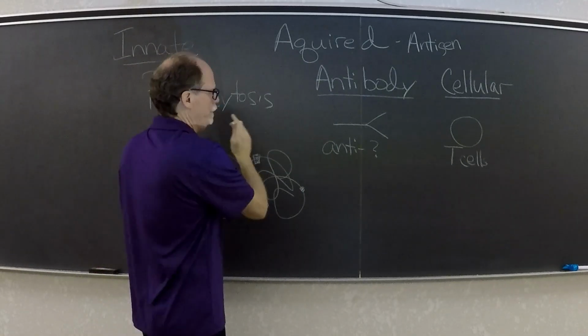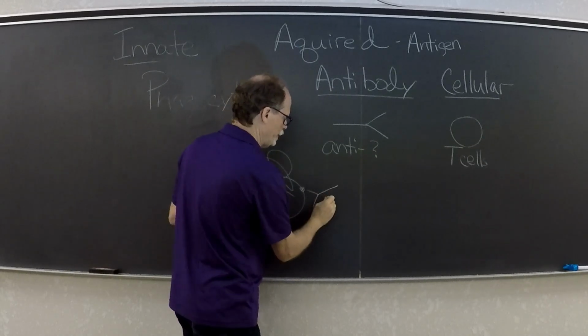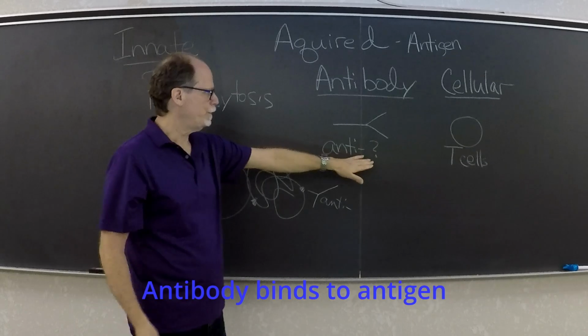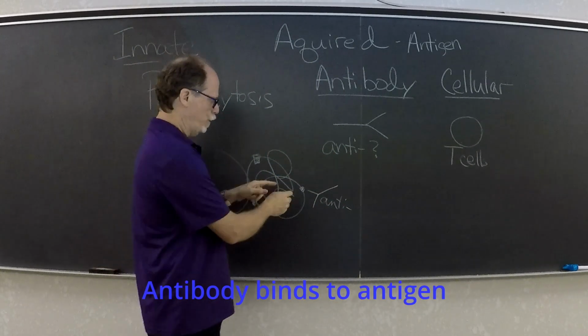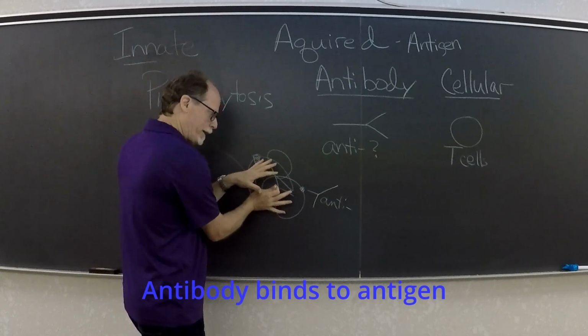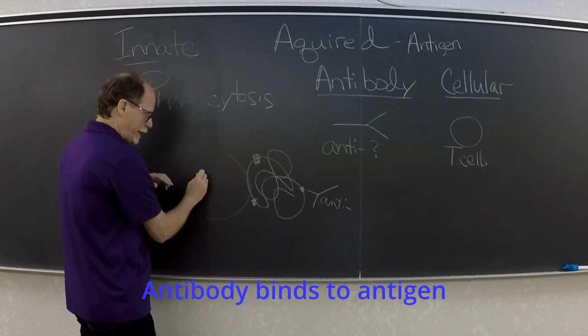This is non-specific. So we produce an antibody. The anti usually means what the antibody binds to, the antigen. You might name it after the protein the antigen is found on, or you might call it anti-E. coli.